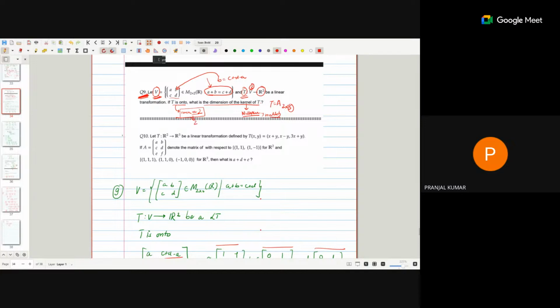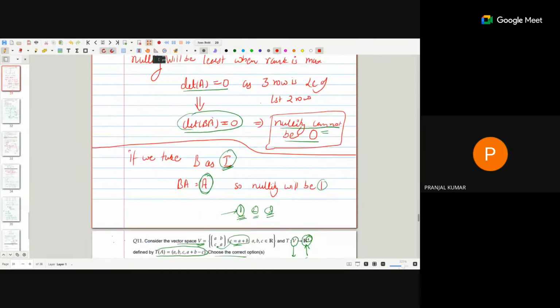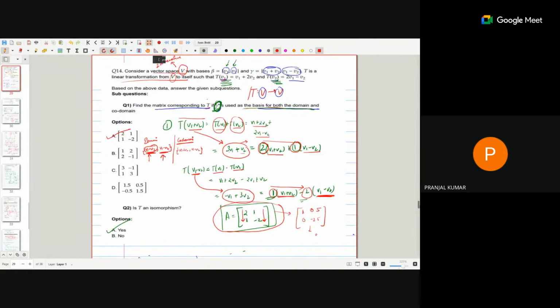So it would be 2. Dimension of the image space. Column space dimension. See, I've written it at the very first point.